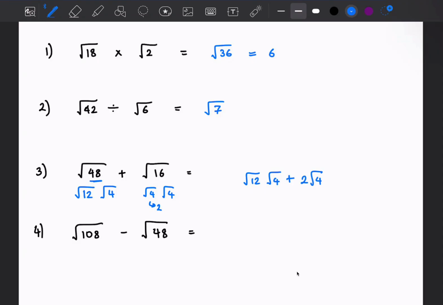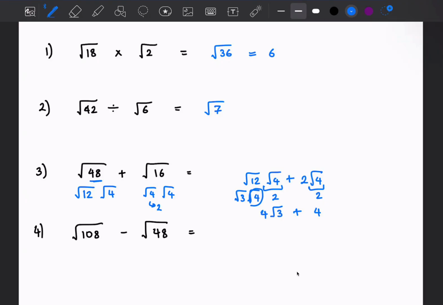So root 12 we know can be simplified into root 3 and root 4, and then this root 4 is a 2, and even this root 4 is a 2 as well. So 2 times 2 gives us 4, plus now this root 4 as well, which gives us 2. 2 times 2 is 4, so 4 root 3 there.